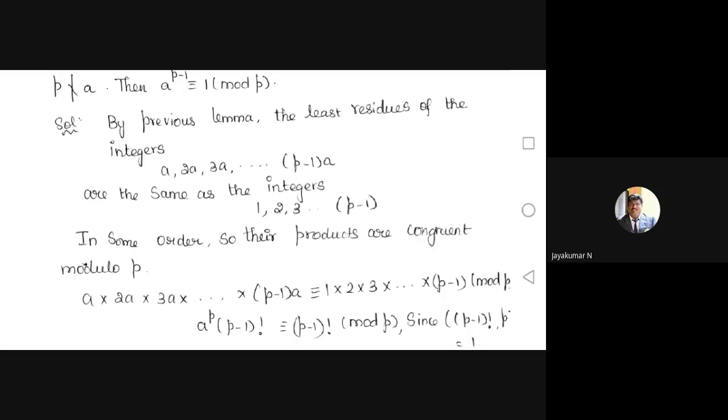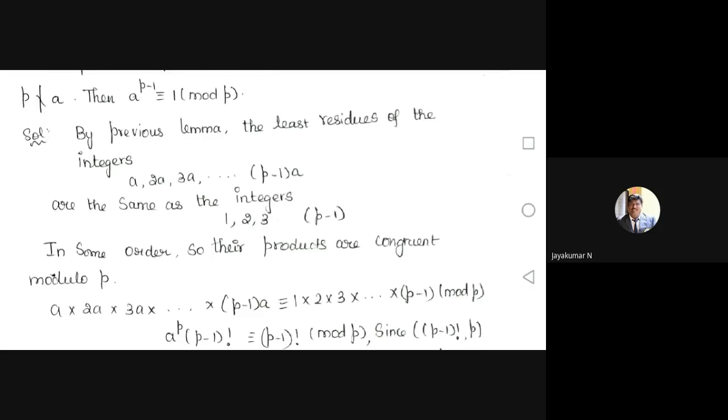Here on the left side a is multiplied p minus 1 times. So this product can be written as a power p minus 1 into 1 into 2 into 3 up to p minus 1, that is p minus 1 factorial. So a power p minus 1 into p minus 1 factorial is congruent to, on the right side, 1 into 2 into 3 up to p minus 1, that is p minus 1 factorial, mod p.